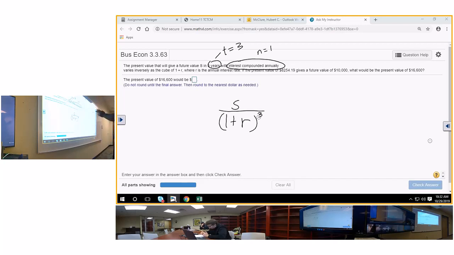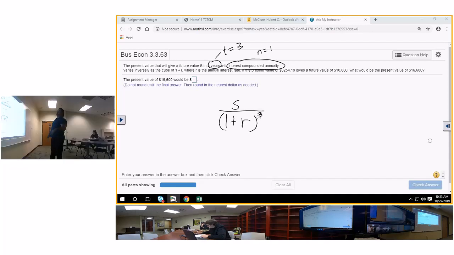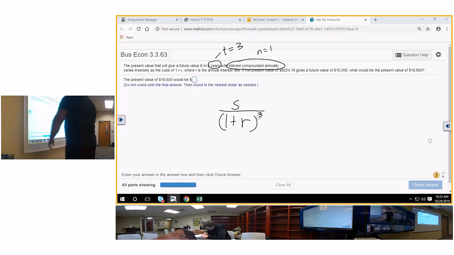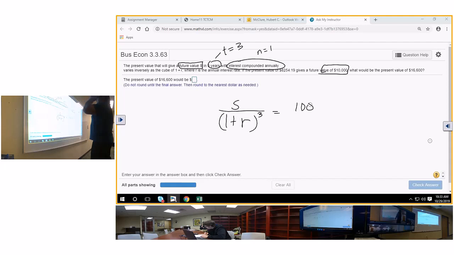If the present value is $8,254.19, it gives a future value of $10,000. So you need to plug in the future value for S. So that's going to be 10,000.